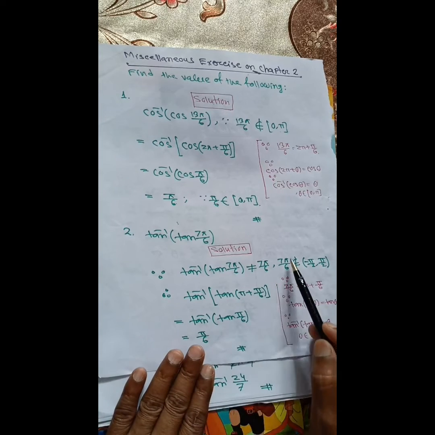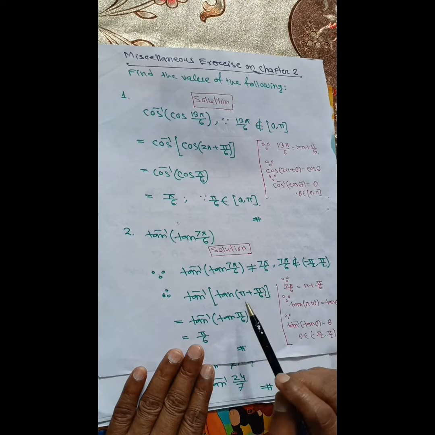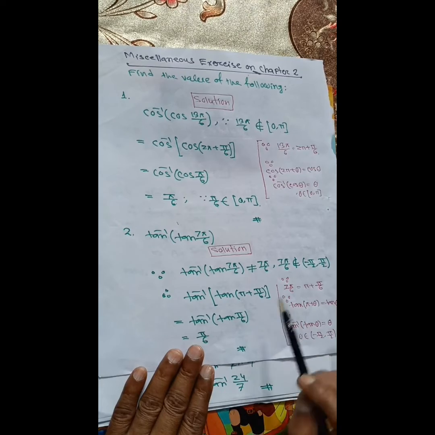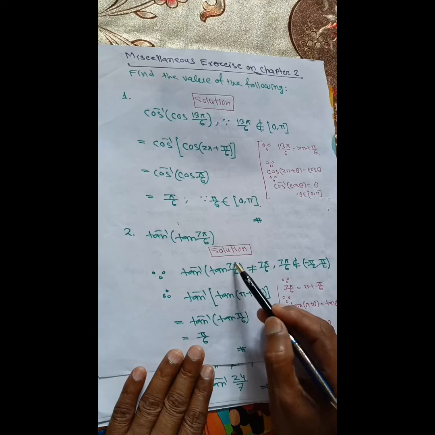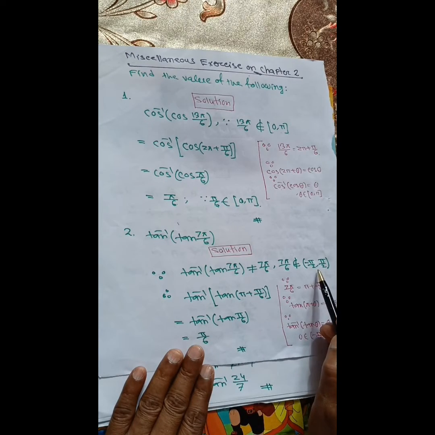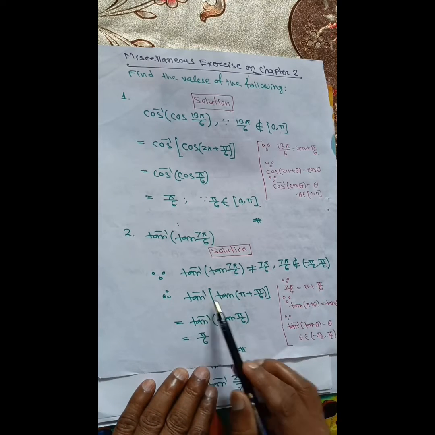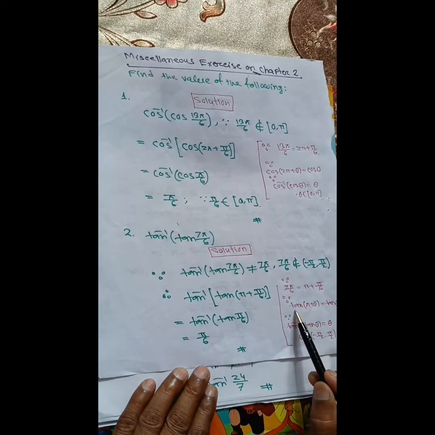Why? This angle does not belong to this range, which is the range and principal value branch of tan inverse. To make this angle belong to it, we write 7 pi by 6 is equal to pi plus pi by 6. Then we get tan inverse tan of pi plus pi by 6. Now by using this formula, tan pi plus theta is what?